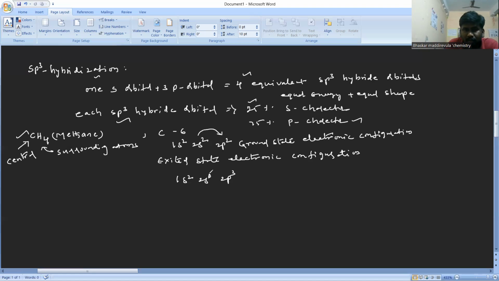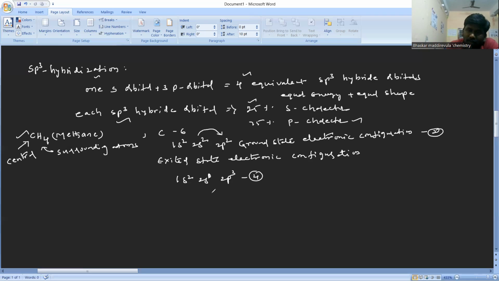In the excited state electronic configuration, the covalence will be increased to 4. In the ground state, the covalence is 2, but in the excited state, the covalence of the carbon is 4.